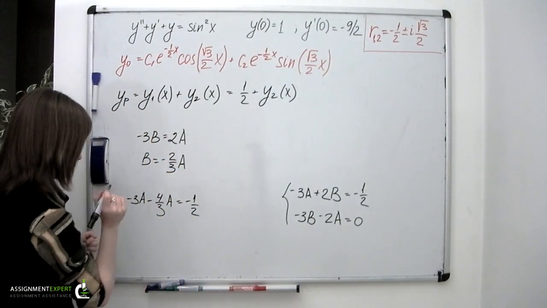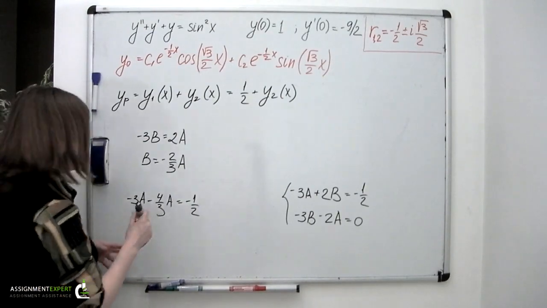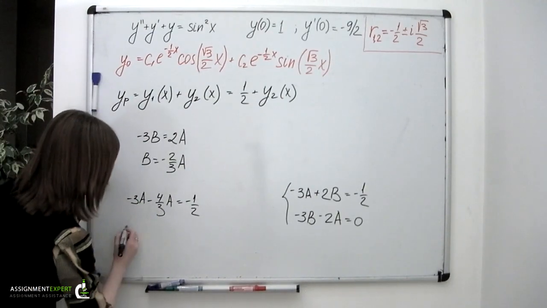So we can divide the whole thing by negative 1 so that we get rid of the minus.